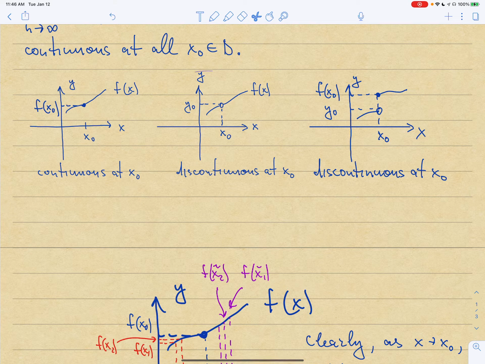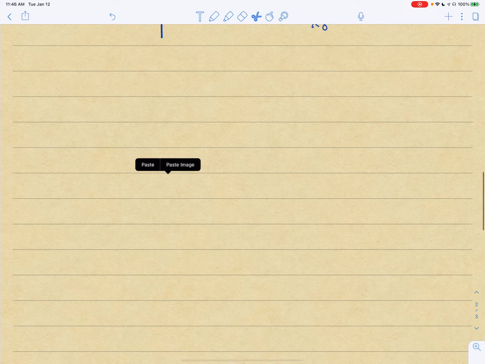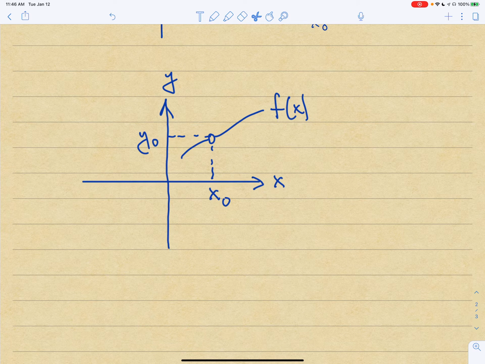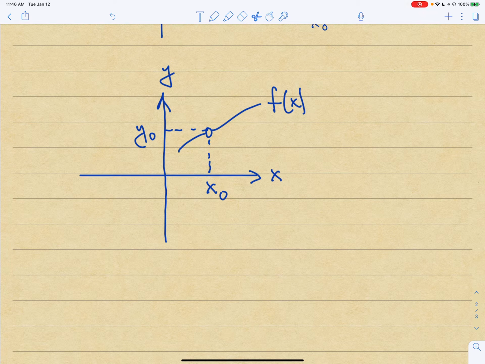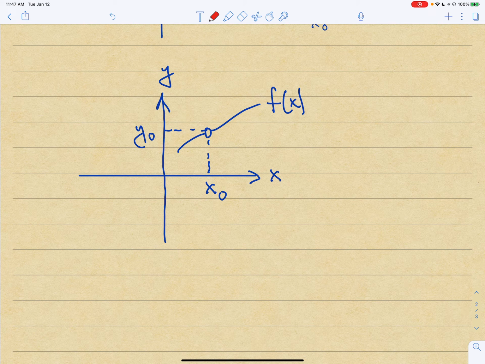Let's look at our second example. What's the difference in this case? Once again, let me just use an example of one sequence. Let's take a sequence of xn that goes to x0.